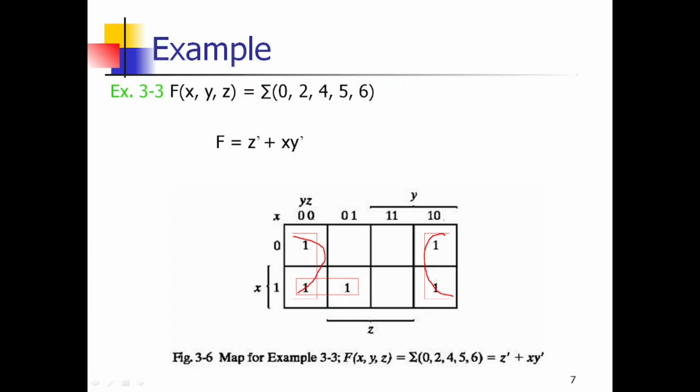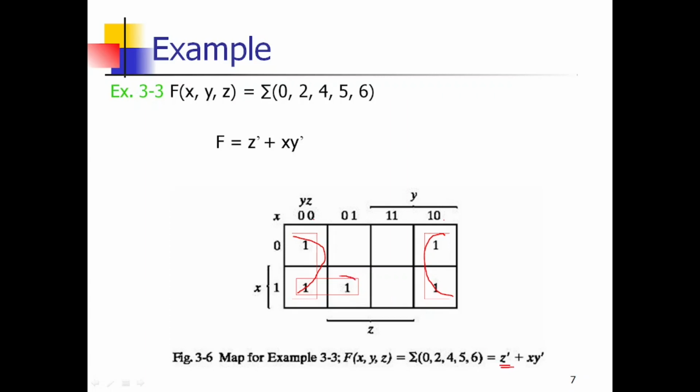Here the last column is folded to sit on the first column, and the second row has to be folded to sit on the first row. When column folding, y dash plus y becomes 1, and row folding, x dash plus x becomes 1, and the term we obtain is z dash. So here this is z dash, right?